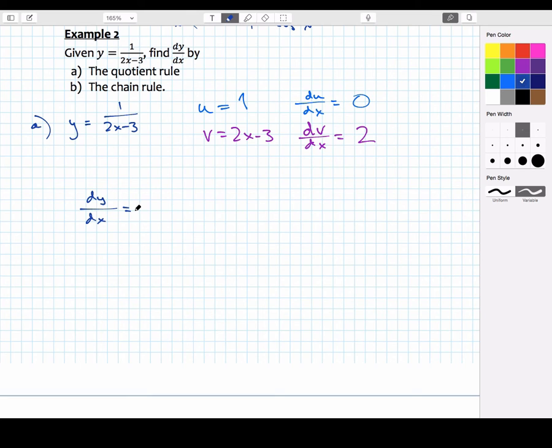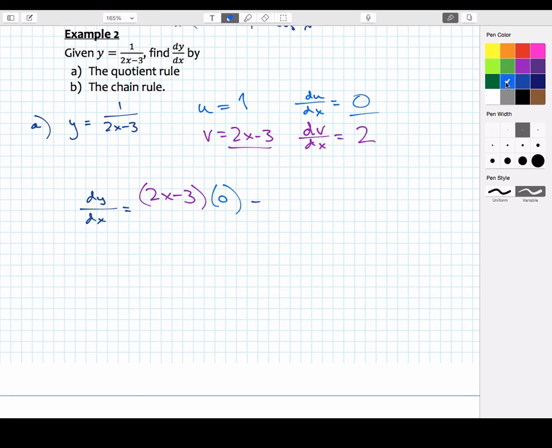What does the quotient rule tell us? We start with the denominator, which is v. So we start with v: 2x minus 3, in brackets, times the derivative of u, which is 0, minus... you start with v.